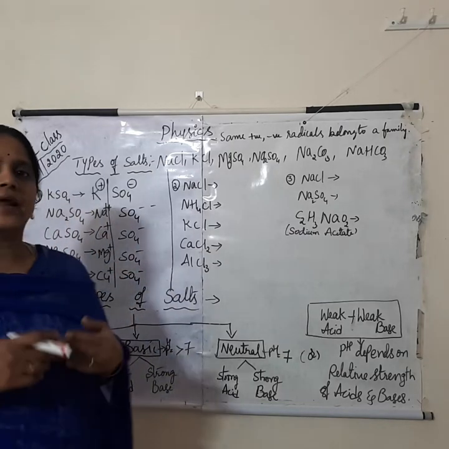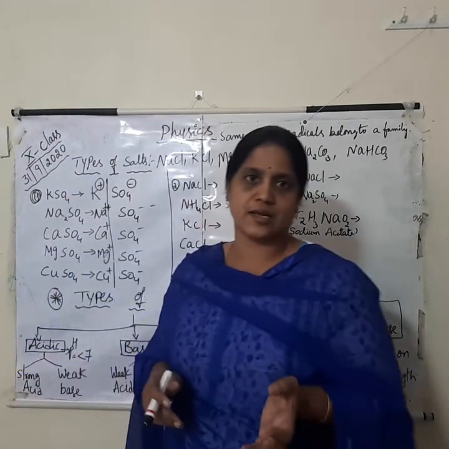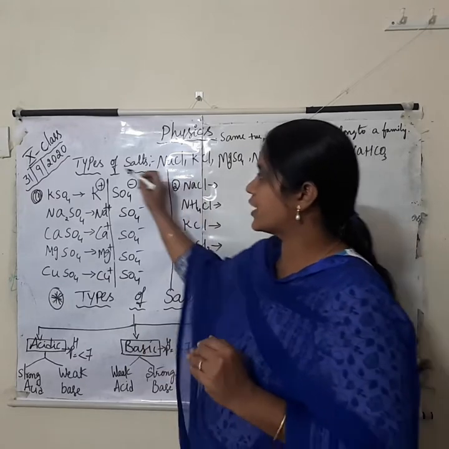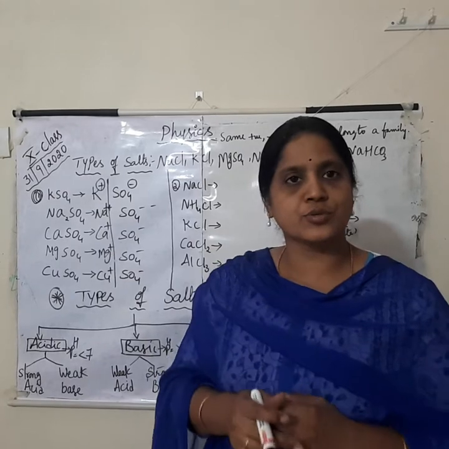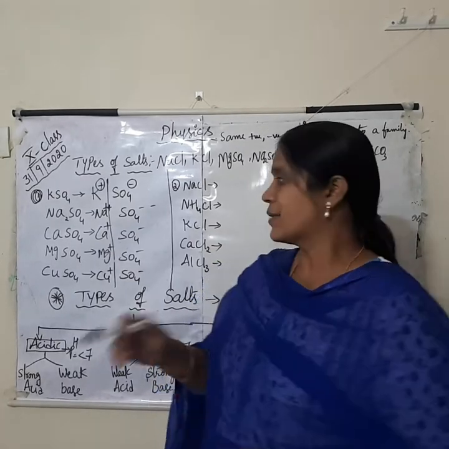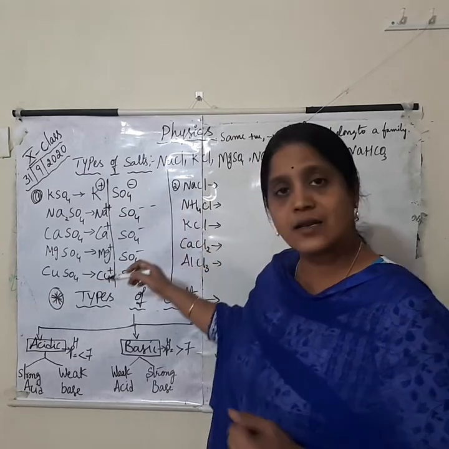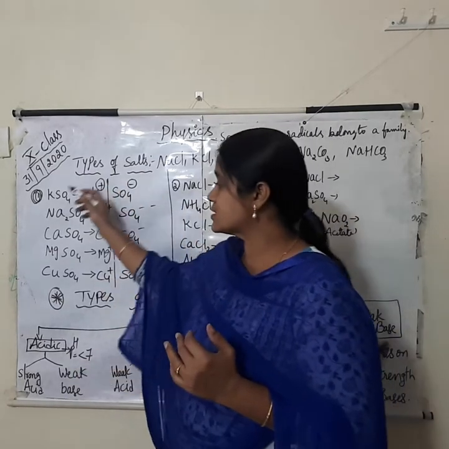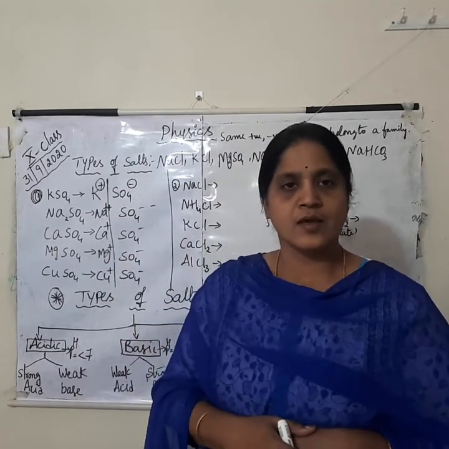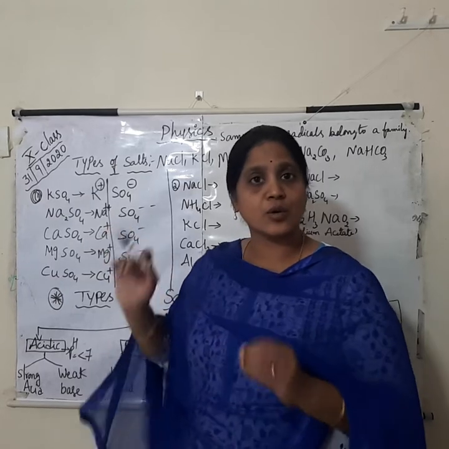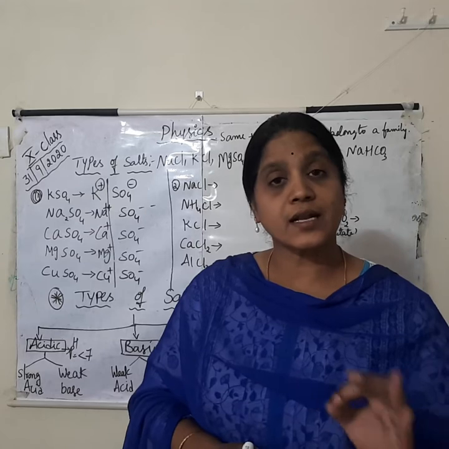If any cation, anion, or radical is common to a group of salts, then the group of salts belongs to that family. Here the SO4 radical is common, so all these salts belong to the sulfate family. All these salts are known as sulfate salts.